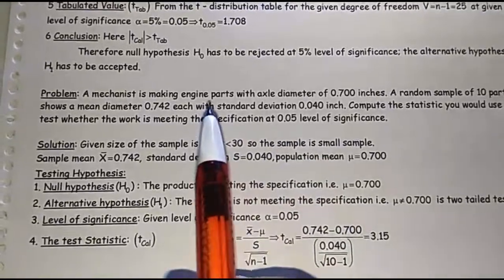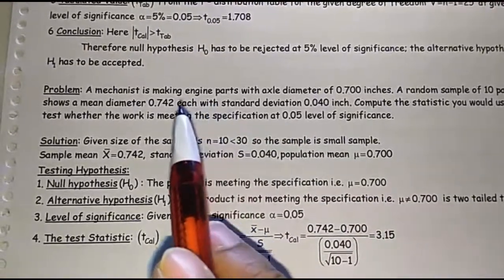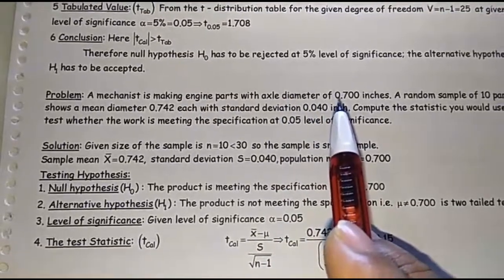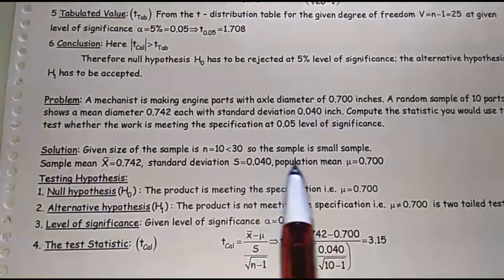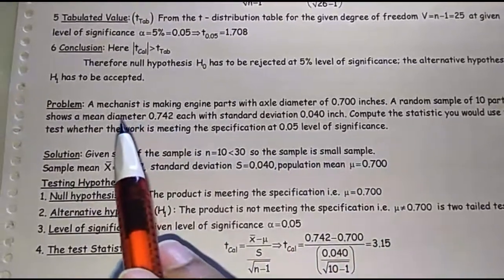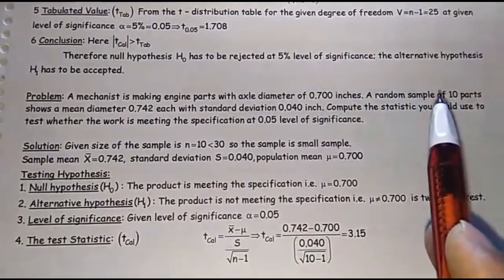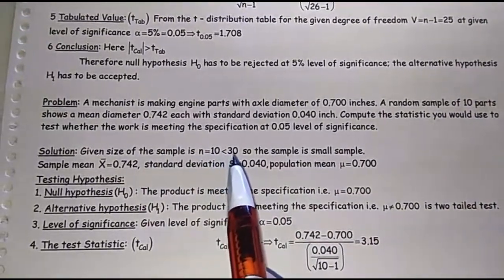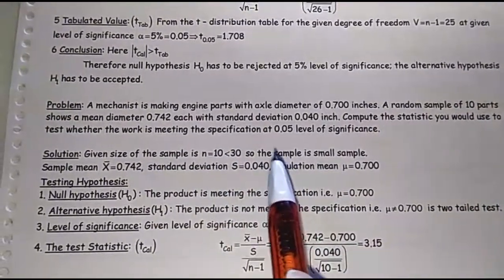Now in this problem, it is given that the mean diameter of the population is 0.700, that is mu equals 0.700, and we take a sample of size 10 parts, that is the size of the sample n equals 10, clearly less than 30, so it is a small sample.